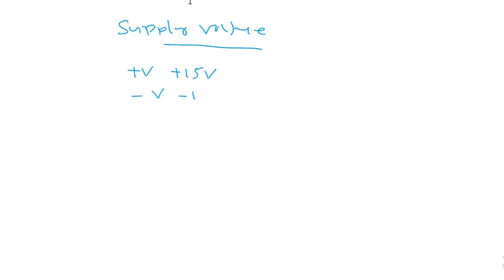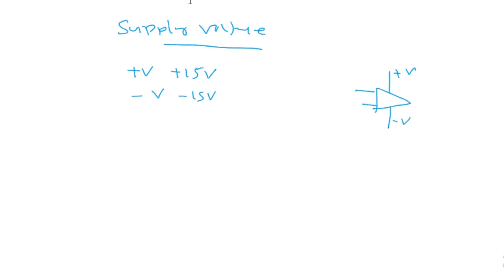The next thing that the output voltage depends upon is the supply voltage. Generally, the supply voltages of an op-amp are normally equal in magnitude and opposite in sign. That means if the plus voltage is plus 15 volt, then the minus voltage will be equal to minus 15 volt. So I am talking about the plus VCC or plus voltage and minus voltage that we apply.